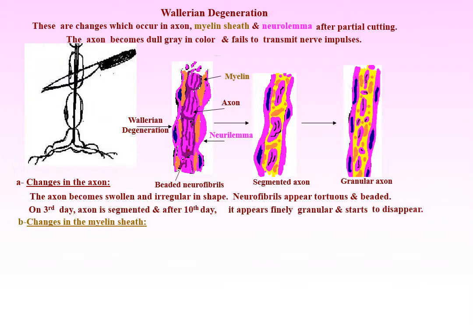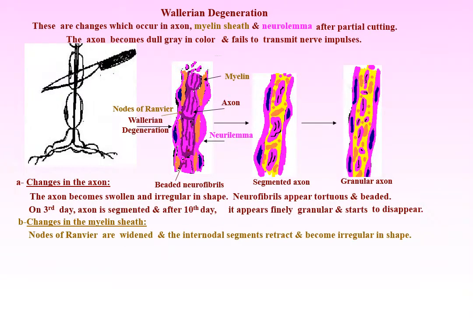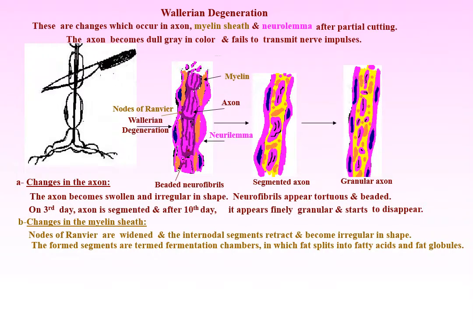Changes in the myelin sheath. Nodes of Ranvier are widened, and the internodal segments retract and become irregular in shape. The formed segments are termed fermentation chambers, in which fat splits into fatty acids and fat globules.